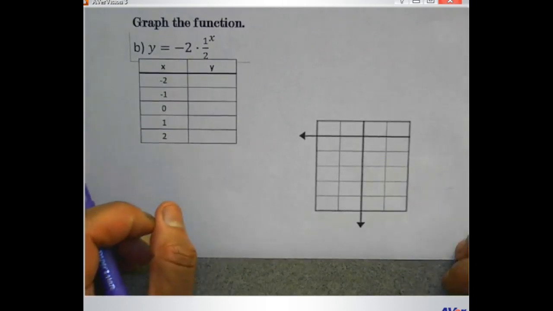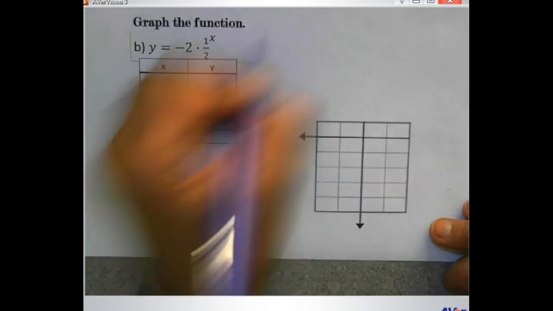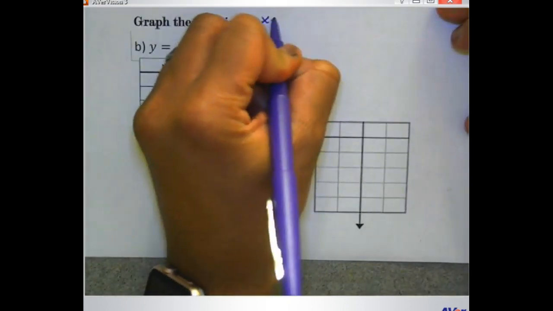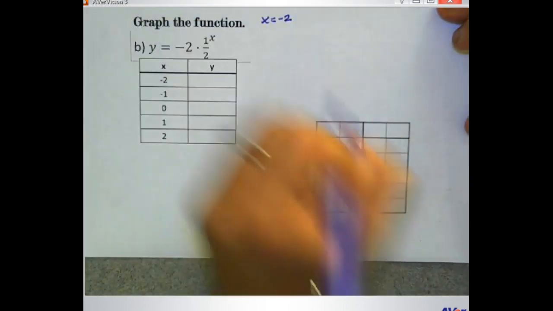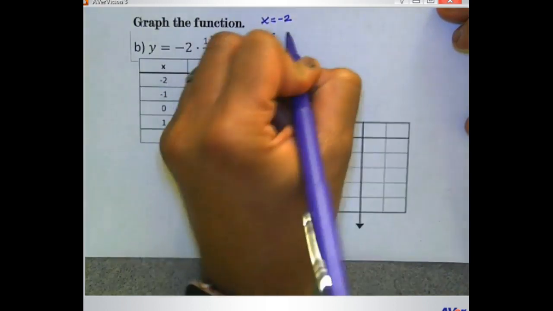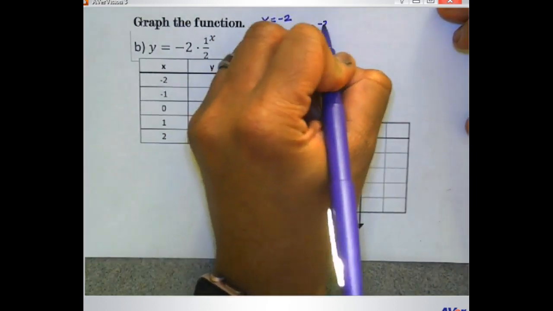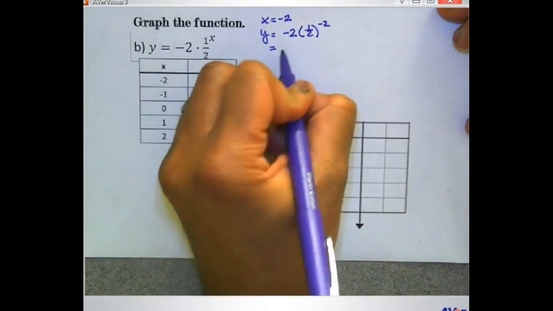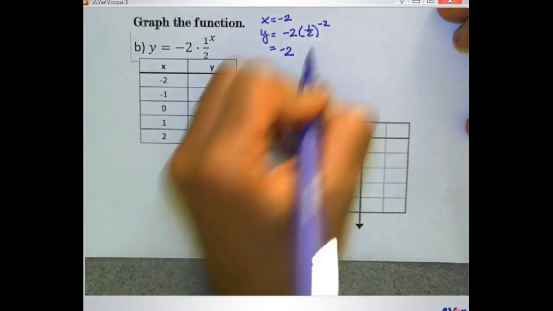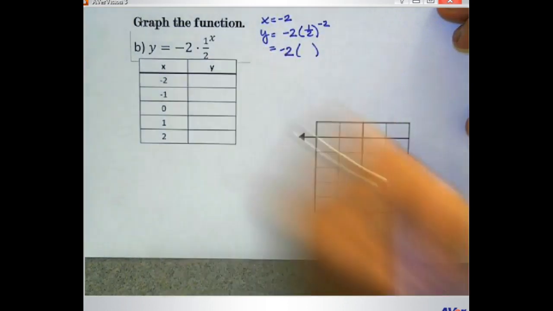Well, let's graph it. Let's plot these points like we did for the last one. So my first one is x equals -2. And so I get y is equal to -2 times 1/2 to the -2. Those negative exponents, they just flip it. Negative exponents mean reciprocal.